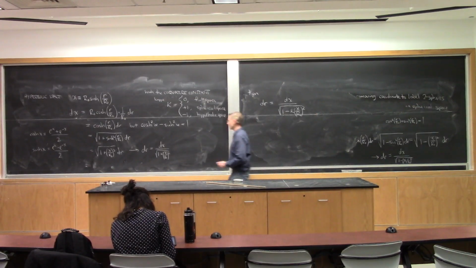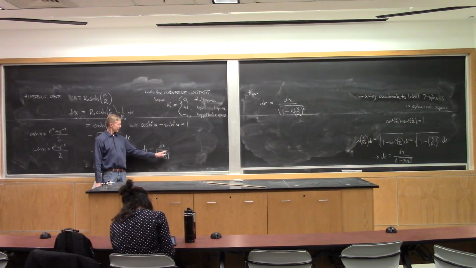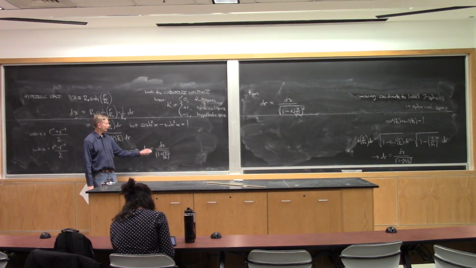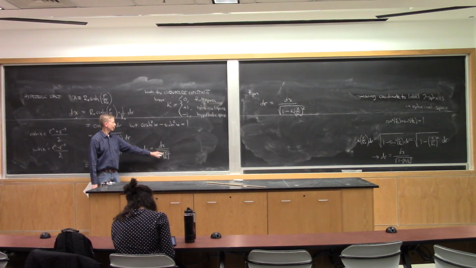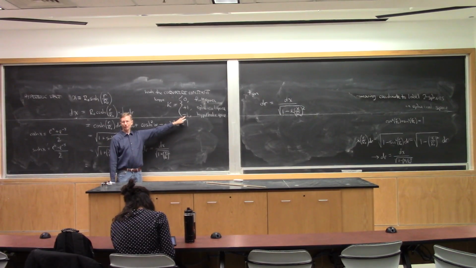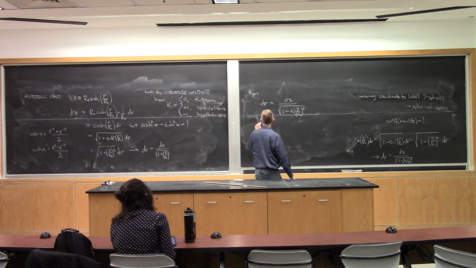And if I'm in hyperbolic space, where dr is dx over 1 plus x over r naught quantity squared, well, that is also the square root of 1 minus kappa x over r naught squared, where kappa is minus 1. Because minus minus would be plus 1. So this is in all three cases.